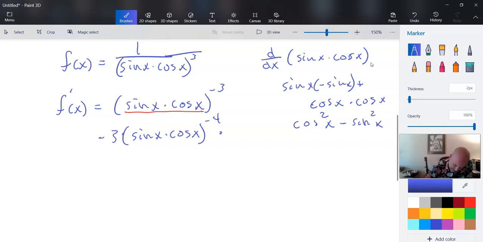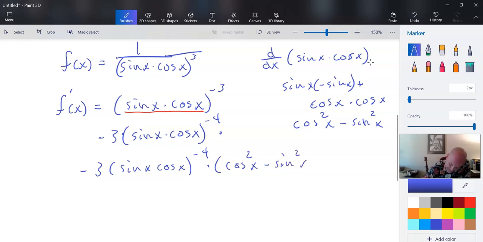Okay, so let's see what we get here. Let's put it all together. So I have negative 3 times sine x cosine x to the negative 4th times cosine squared x minus sine squared x. Let's clean that up too, because I don't want to deal with the negative exponent.